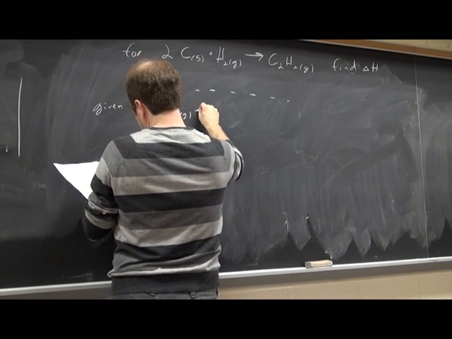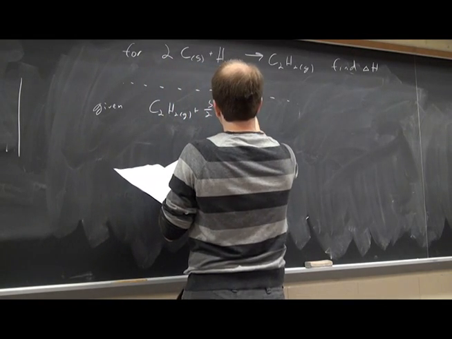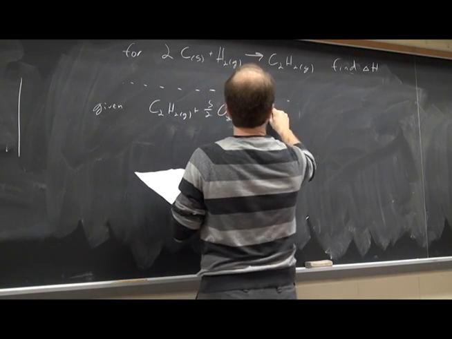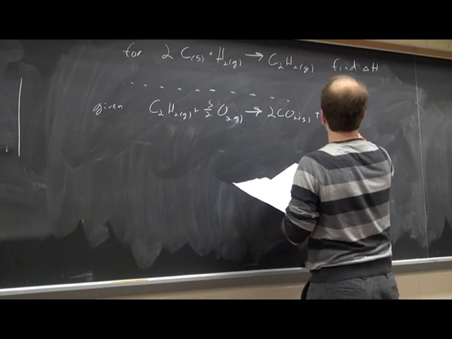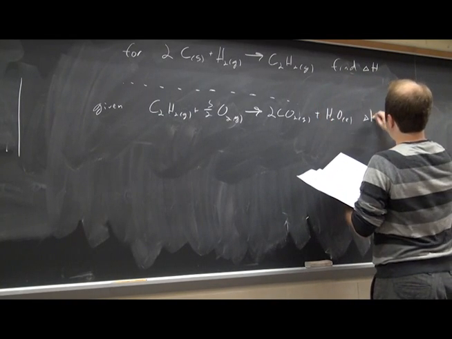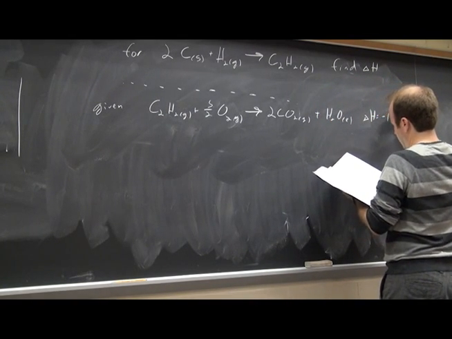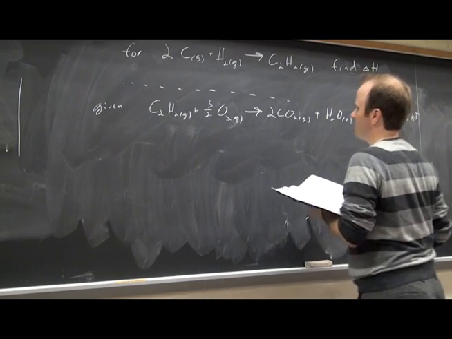C2H2 gas plus 5/2 O2 gas goes to 2CO2 gas plus H2O liquid, delta H equals negative 1299.6 kilojoules.